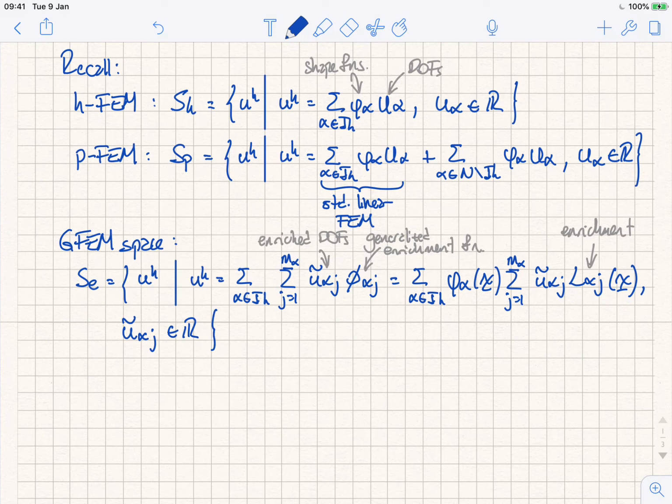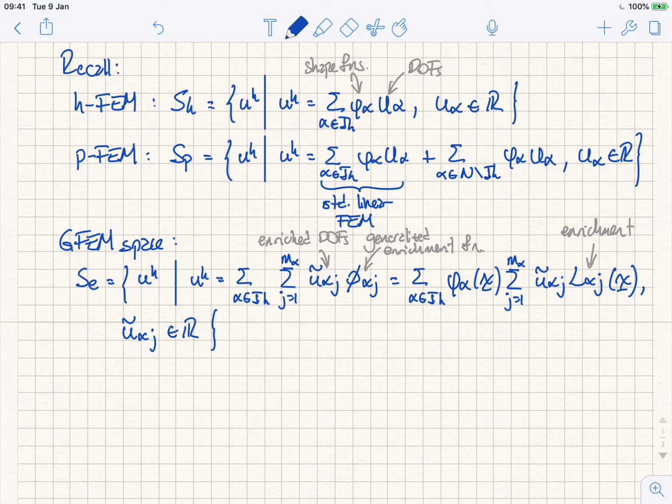So the question is, I have an enriched space that is using these enrichment functions that could represent anything we know about the problem, some a priori knowledge about the problem. Now, am I just going to use that space, or am I going to use it to enhance something else? Yeah, and what is that something else? Yeah, and that is the whole thing.